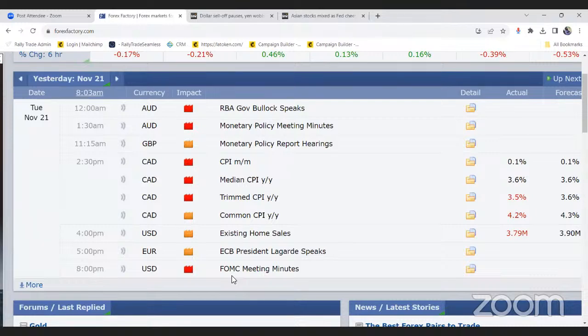FOMC stands for Federal Open Market Committee, and they're in charge of determining interest rates as well as inflation. They're responsible for open market operations when it comes to the dollar. So they decide the level of inflation, how to battle it, how to stabilize inflation in the economy. That's what it's all about.